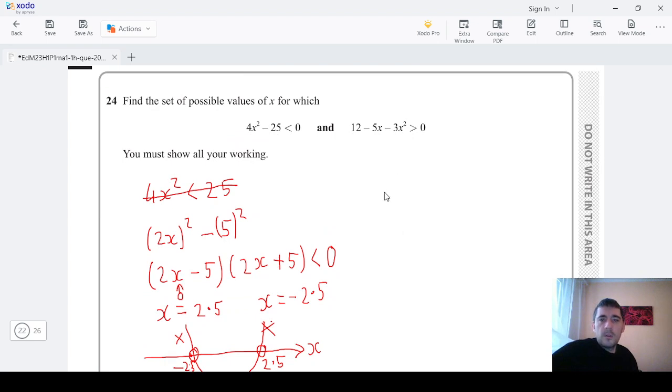So we've got 12 minus 5x minus 3x squared greater than 0. I forgot to put the square.